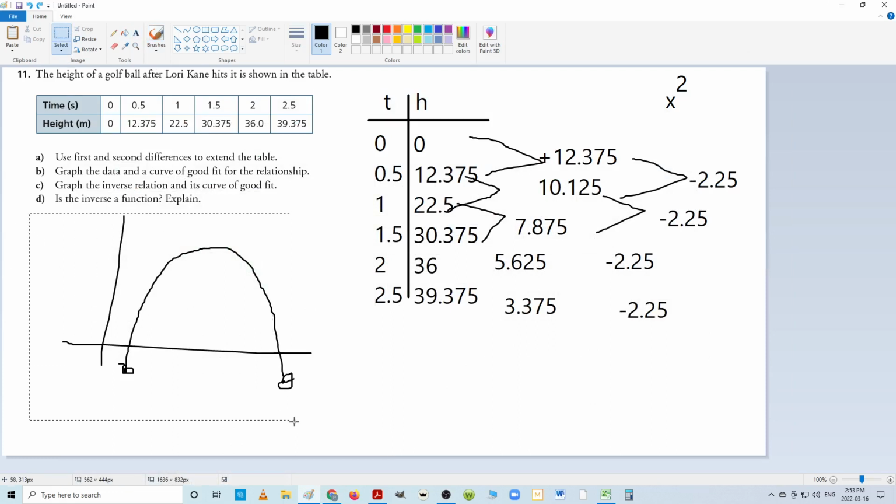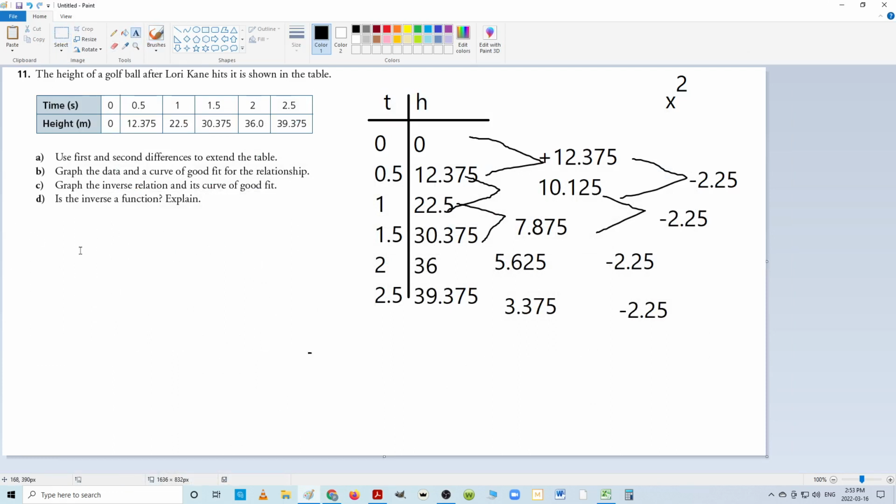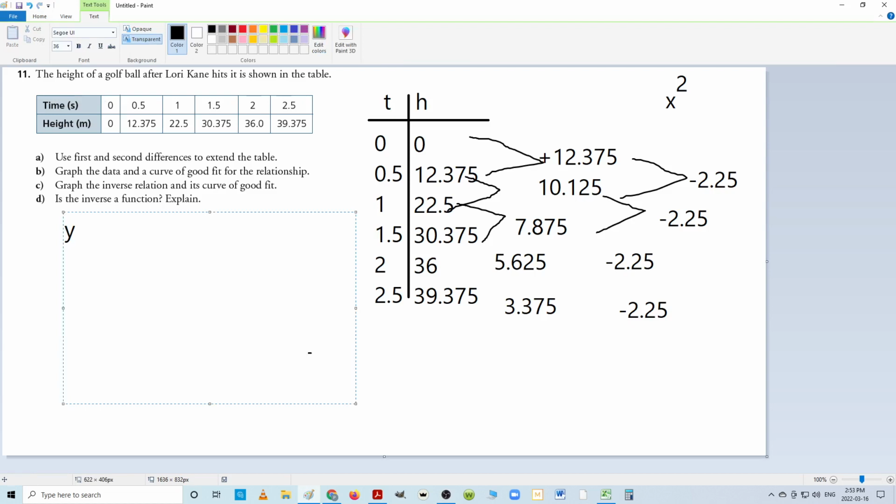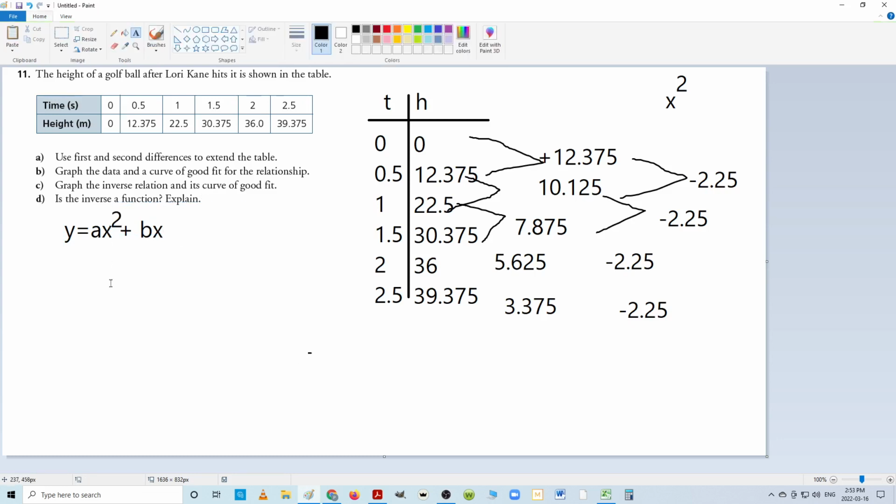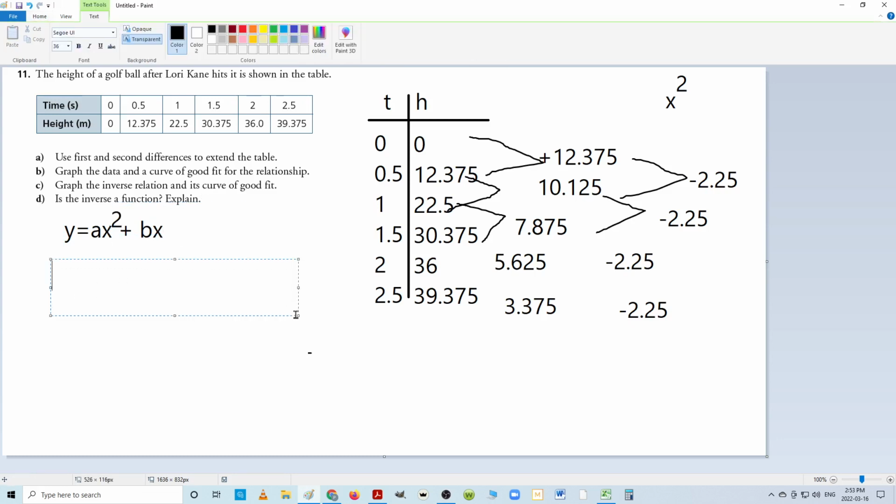So it's easier if I look at my original values here. So this is the original function. And they're not asking for this, but I just want to show you how you do it. And I can see from this chart that when x is 0, y is 0, so there's no c. So that's the standard function. And I can see when I punch in 1 for x, I get 22.5 for y. So 1 squared times a plus b times 1.